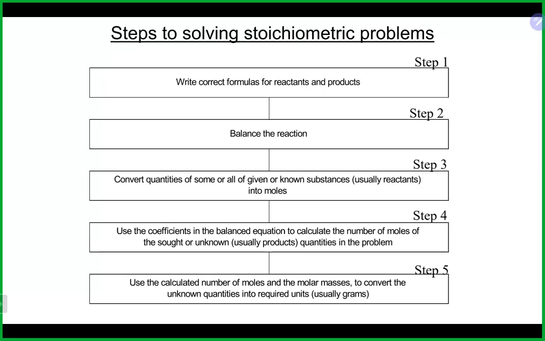So there are some steps to follow. You want to write all of the formulas correctly for the reactants and products. This would be a situation if you were given everything in words. You want to, as we talked about with equations, make sure that you have all the proper formulas there. And probably the most important thing in stoichiometry is balancing the equation.